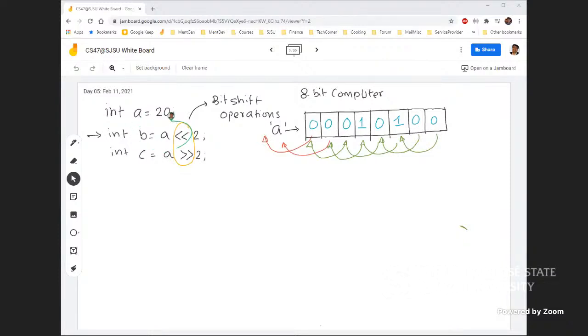And what will happen to these 2 positions? A bit value of 0 will be inserted. So essentially, after this left shift operation, your bit pattern will become like this.